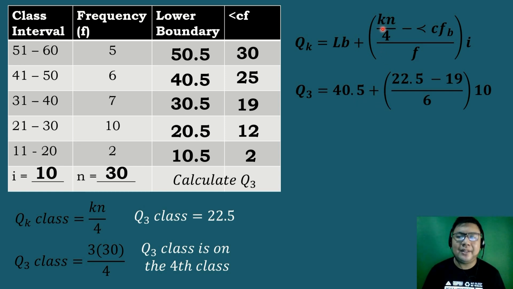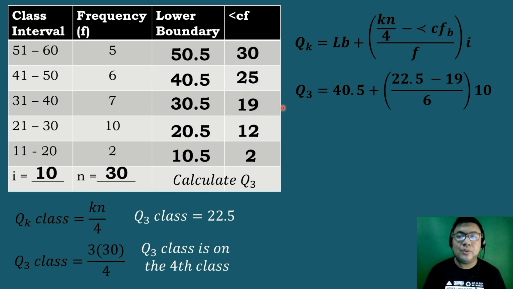What is the value of k times n all over 4? The value of that is equal to 22.5, the one that we have computed earlier, minus the less than cumulative frequency before the quartile 3 class. The less than cumulative frequency of the quartile 3 class is 25. What is the number before 25? That is 19.